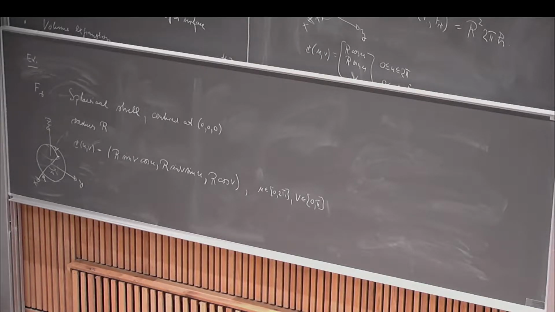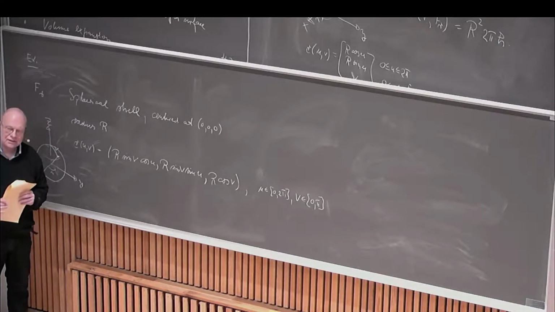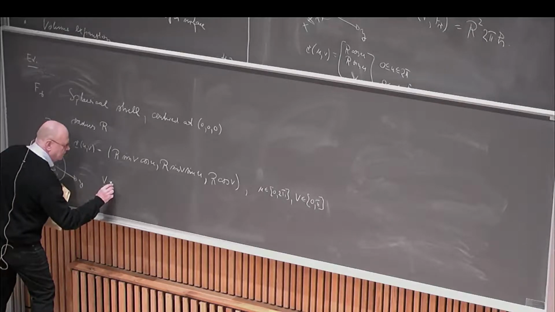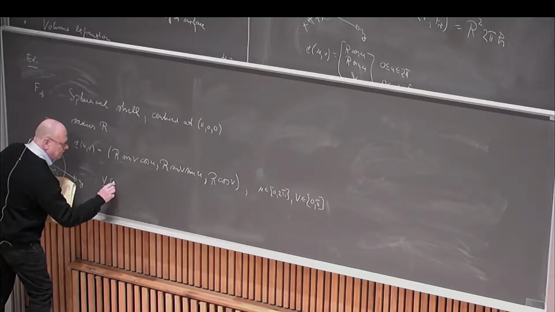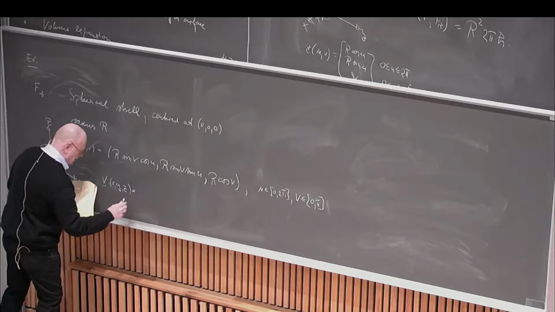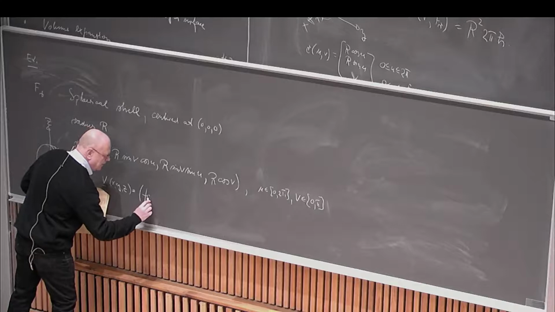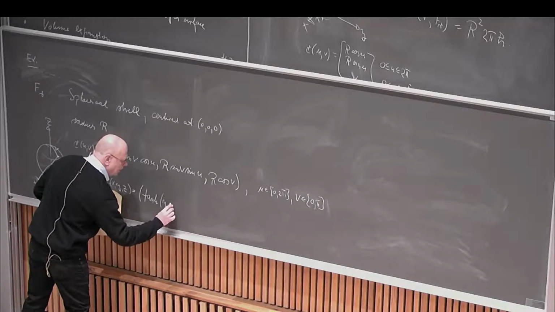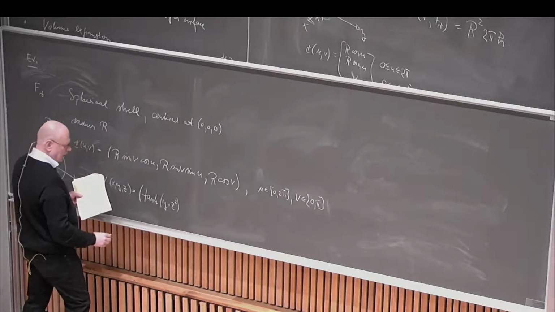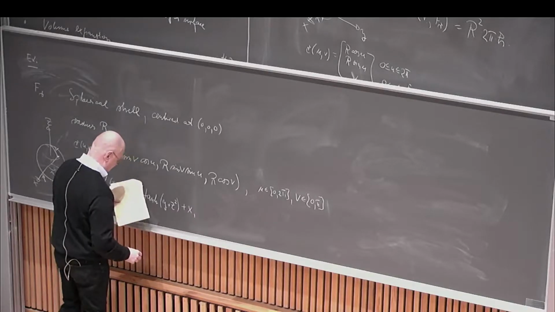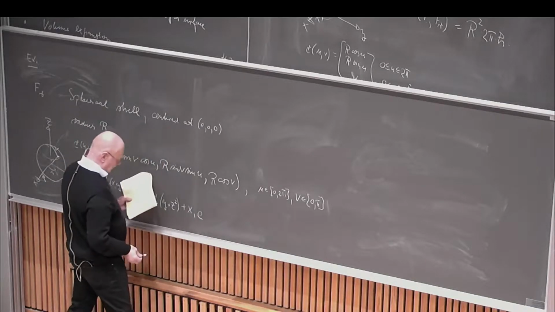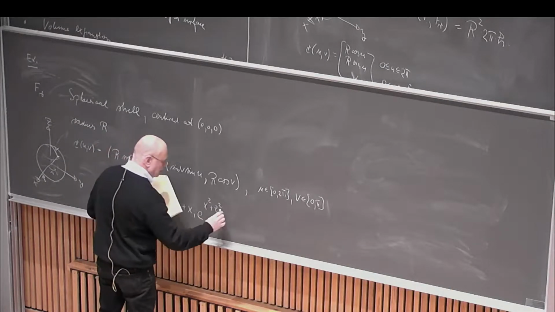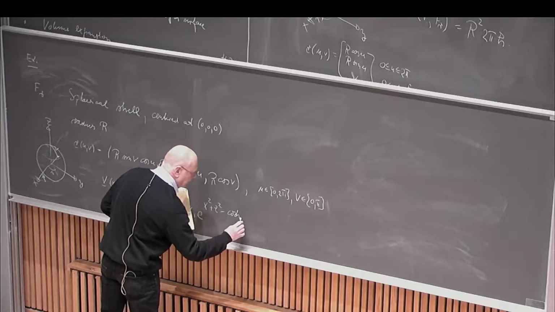Okay, and now I'm going to take a vector field, and it's a function of x, y, and z. It's tangent hyperbolic of y plus z squared, then plus x. And then it's e to the x squared plus z squared minus cosine hyperbolic of x.